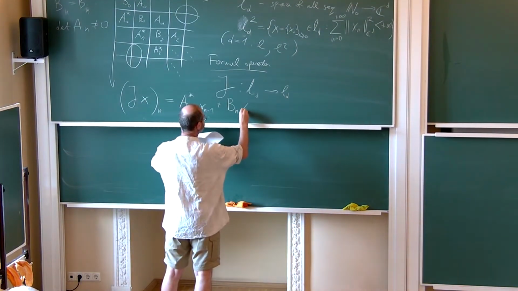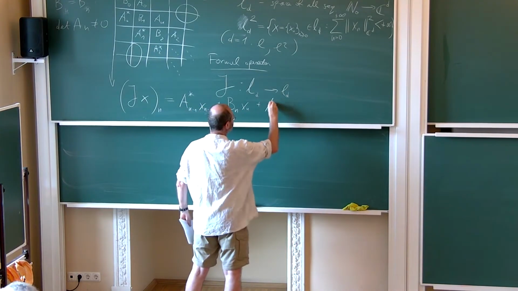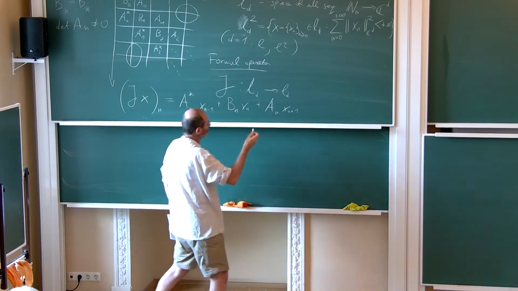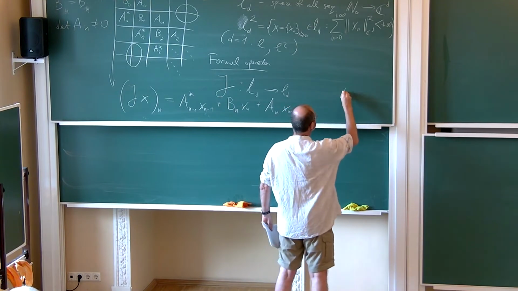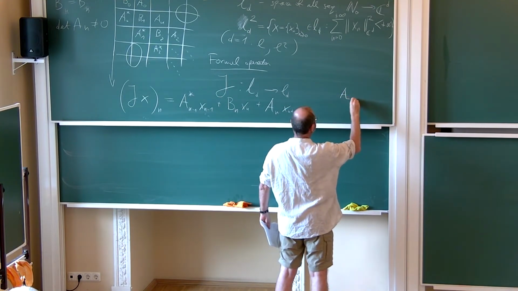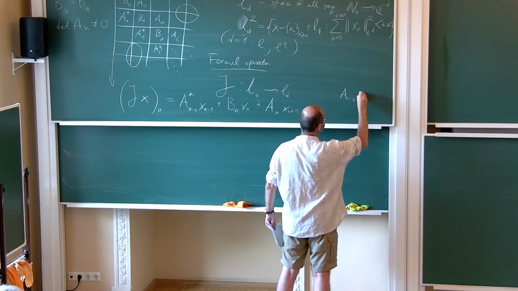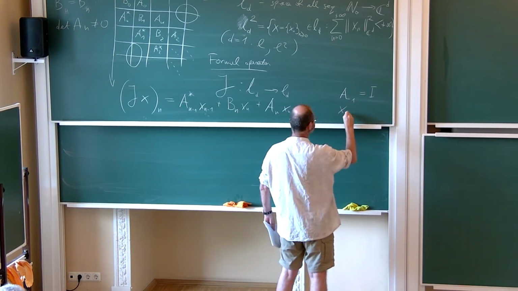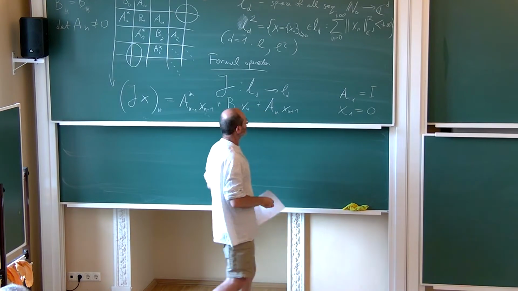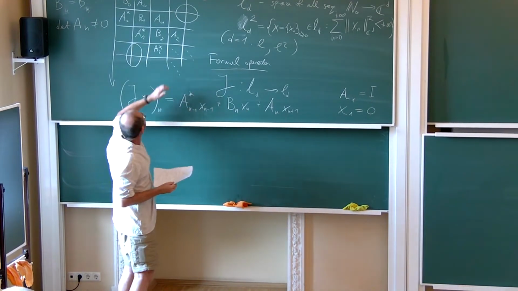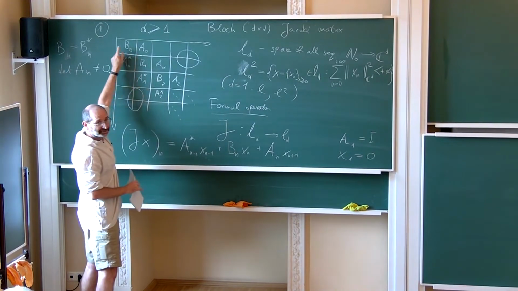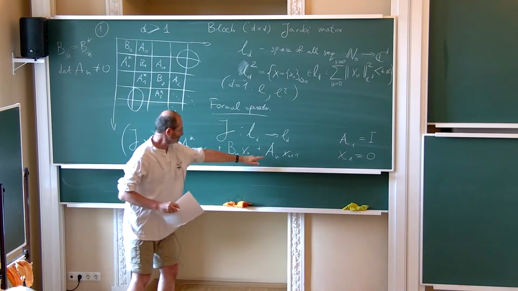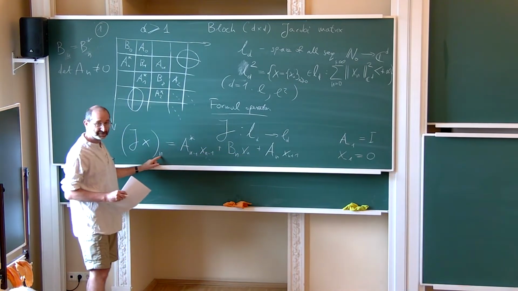But of course, what does it mean for n equal 0? A_{-1} is not important, we can take it to be just 1, for instance, and x_{-1} equal to 0, to make sense of this for n equal 0.